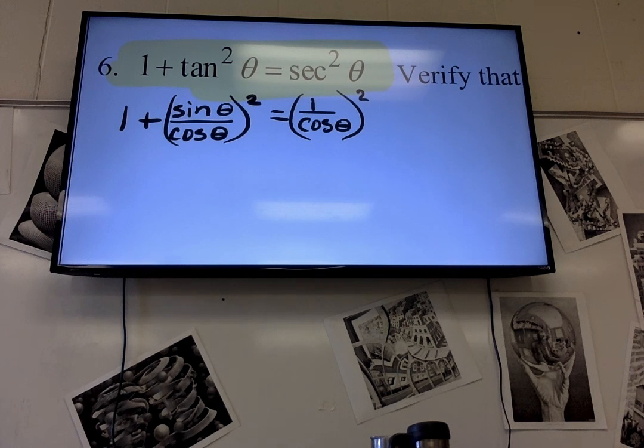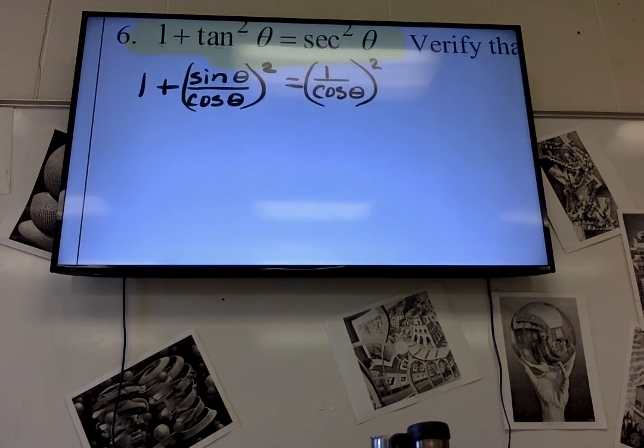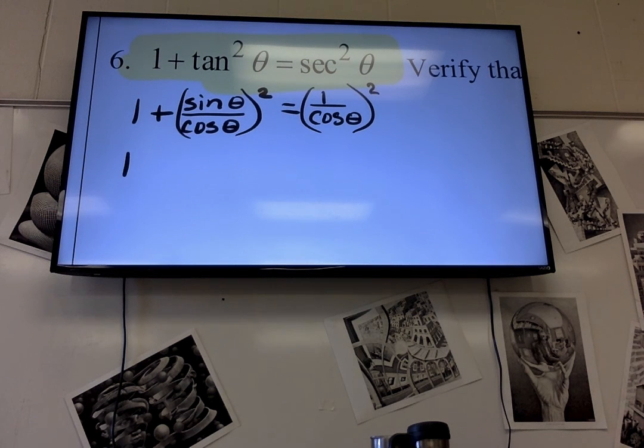Now how do you square a fraction? Square the top and the bottom. So I have 1 plus sine squared theta over cosine squared theta. What's 1 squared? 1 over cosine squared theta. So what I'm wanting is these two to equal each other, just verifying that that's a true statement.